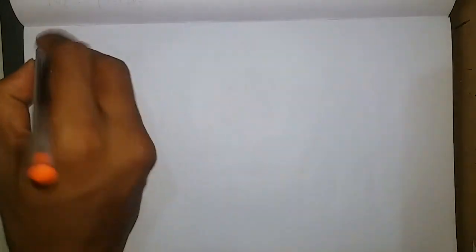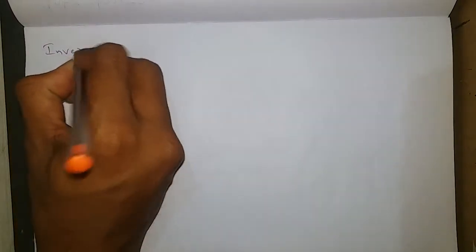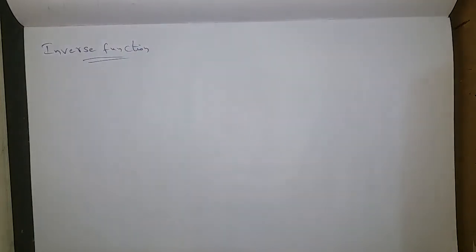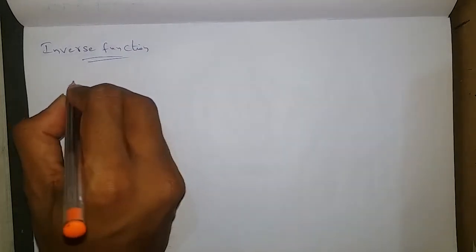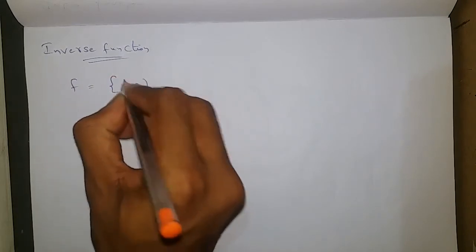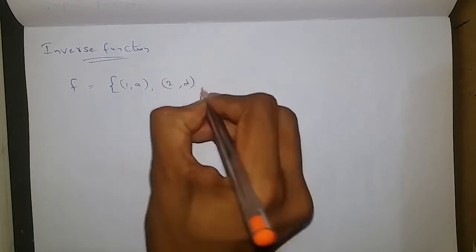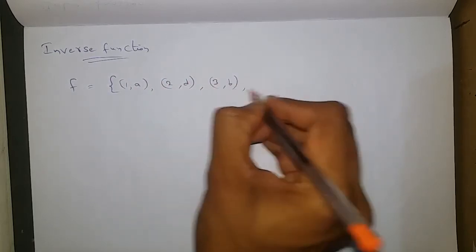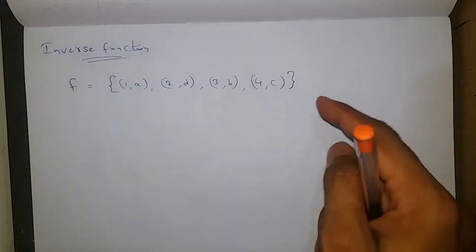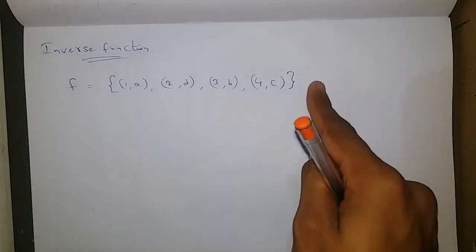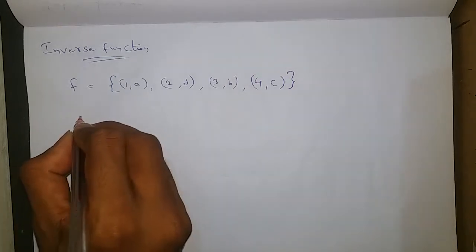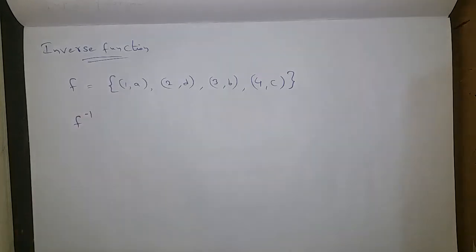Okay, the next function is inverse function. So we have one function f is equal to, the ordered pairs are given as 1 comma A, 2 comma D, 3 comma B, and 4 comma C. So now for this given function, he is asking to write the inverse. Inverse is nothing but f power minus 1.